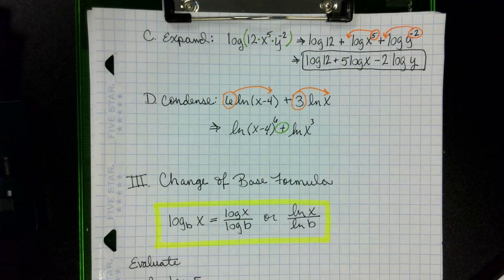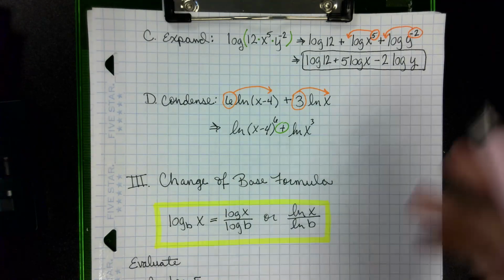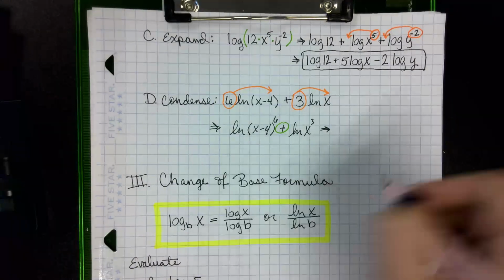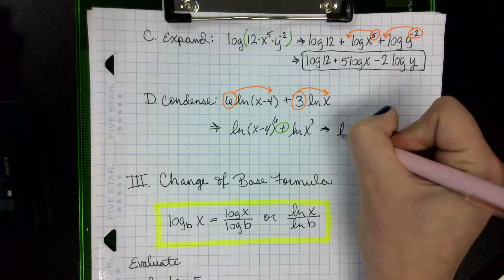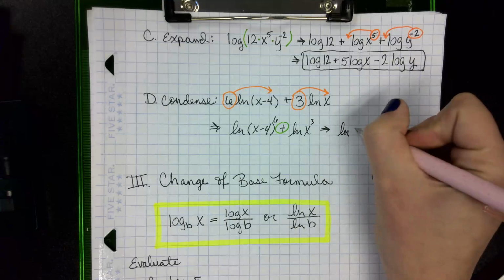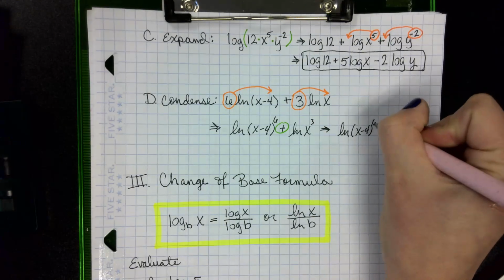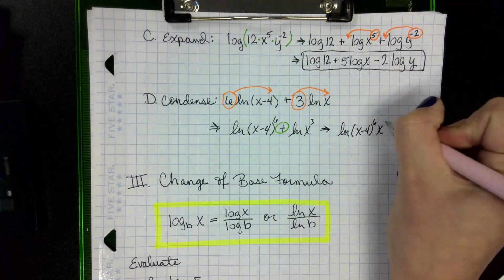It's log base e. That is very important. If they're not the same base, you can't use the product rule. But they are the same base, so I can write it as a single log, ln of x minus 4 to the 6th times x to the 3rd.